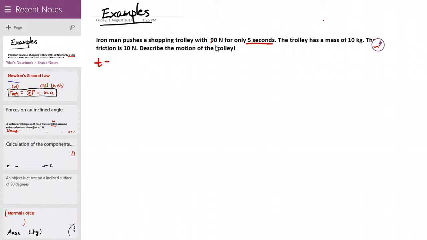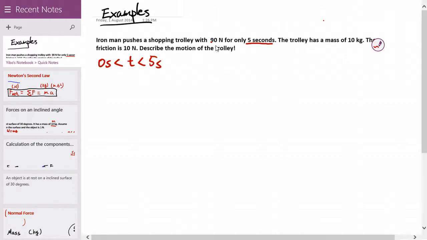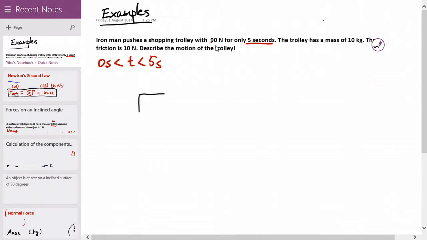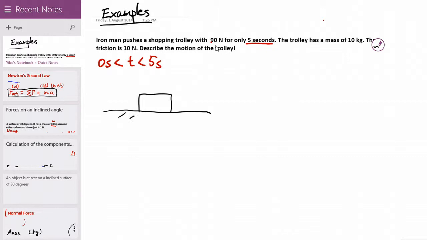Between 0 seconds and 5 seconds, let's draw step 1. Always draw a free body diagram if you're confused. So we have a trolley pushed along on the road.